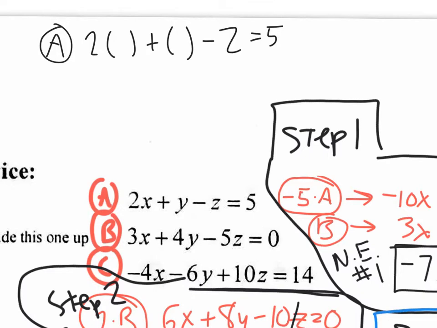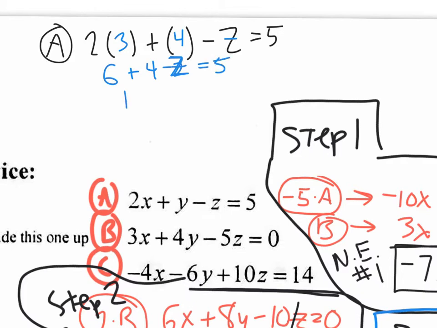What was x again? 3. What was y again? 4. So I really have 2 times 3, which is 6, plus 4 minus z. That's not a 2, that's a z. Sorry, confusing myself with my nasty writing. That's a z. Equals 5.